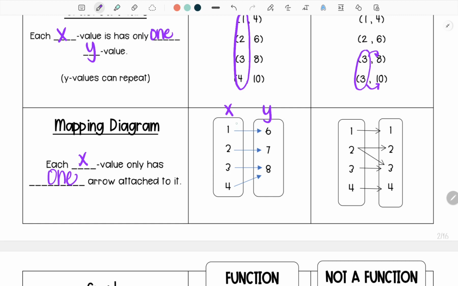So what I want to do is look right here and see that each of these numbers only has one arrow coming out of it. If you look over here, you can see that this 2 right here has two arrows leaving it, and that's what makes it not a function. The fact that there are two arrows leaving the x column and going to two different y's.